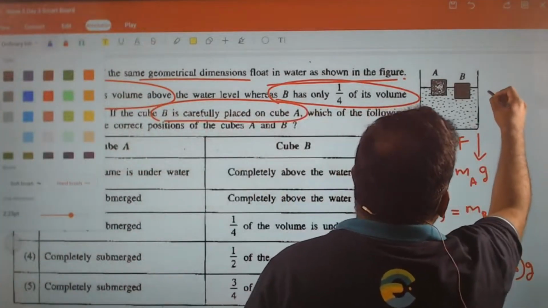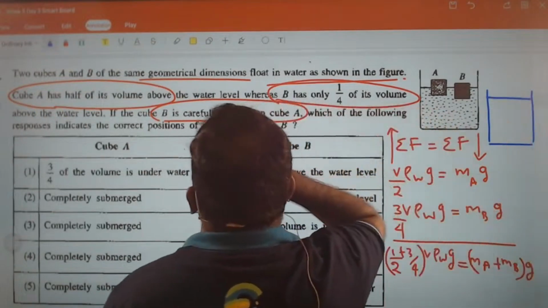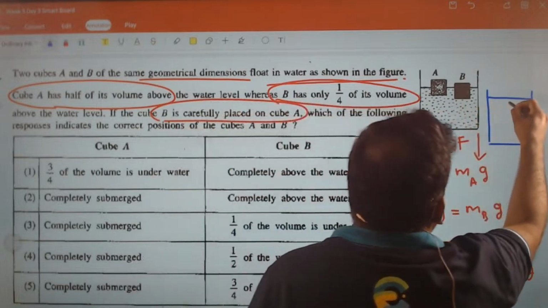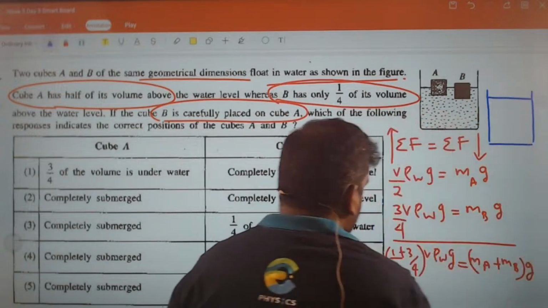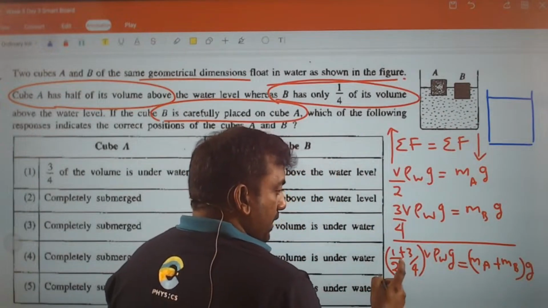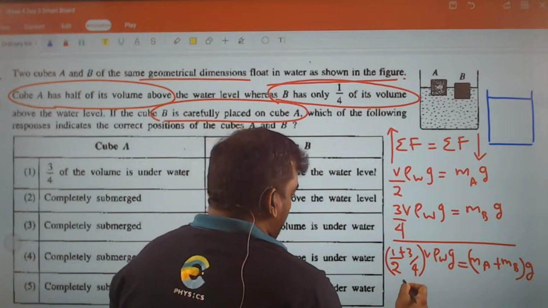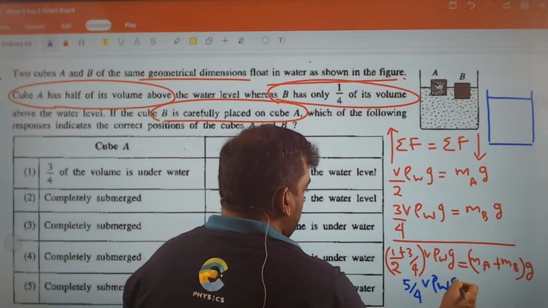If you take a beaker and keep B on top of A, what will happen? Half and 3/4 means what? 1/4 is 5/4 V rho W g.